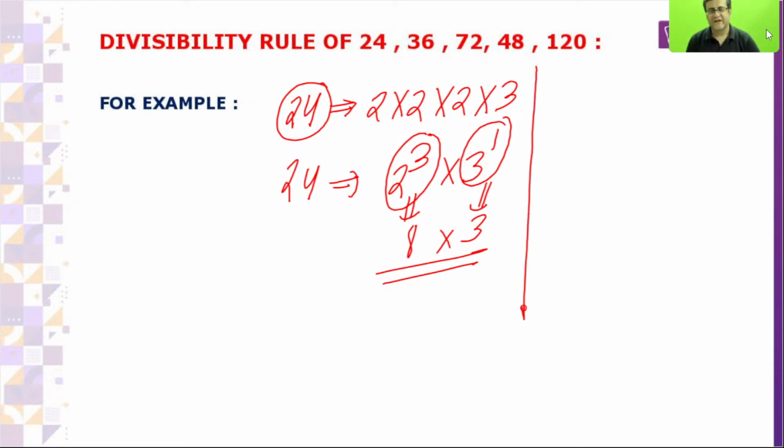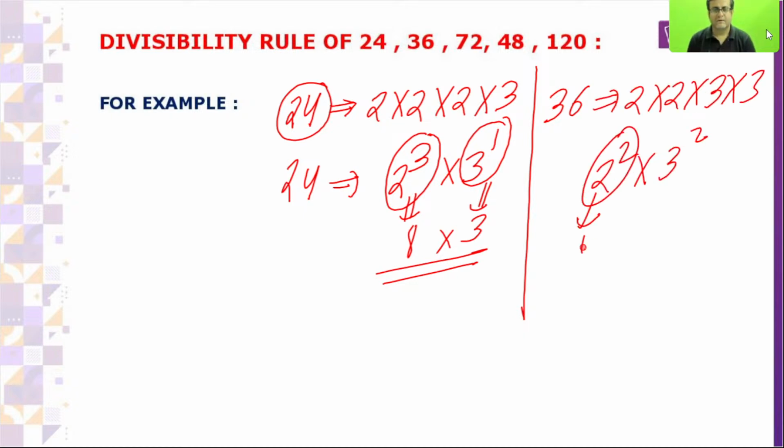Come to next. If I want to check whether the number is divisible by 36 or not, what will you do? Just factorize: 2 into 2 into 3 into 3, 2 to the power 2, 3 to the power 2. The number is divisible by 36 if the number is divisible by 4 and 9 both. The factors must be co-prime to each other.